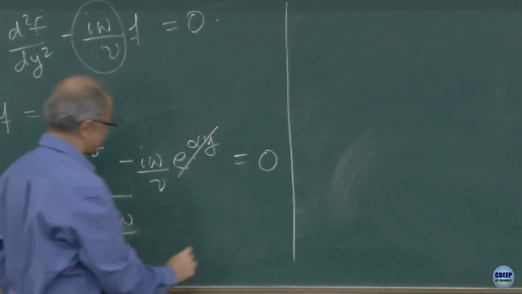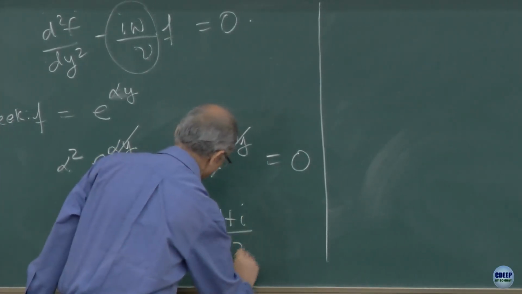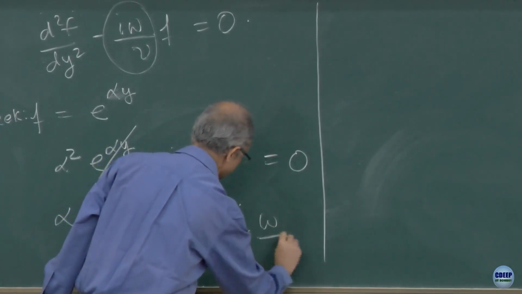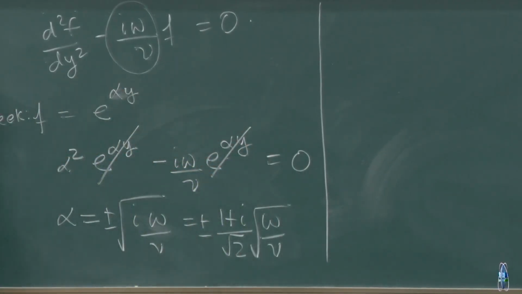So what is the square root of i? It is 1 plus i upon square root of 2, times square root of omega upon nu, and plus minus is what I would have.